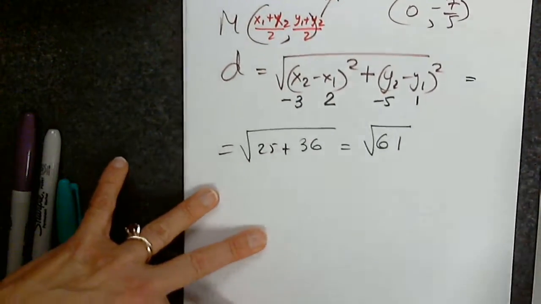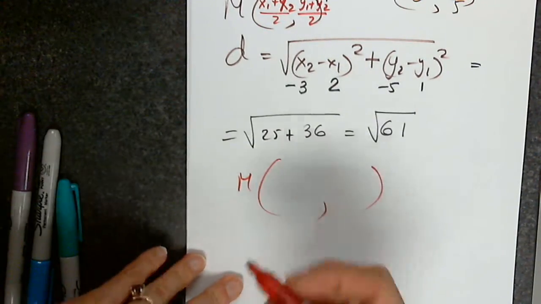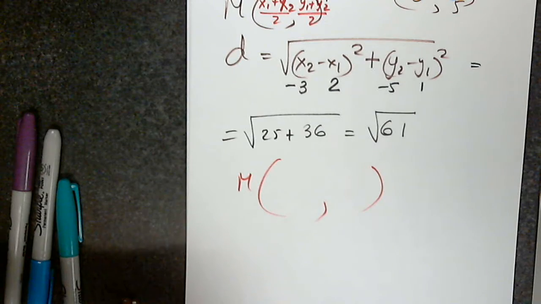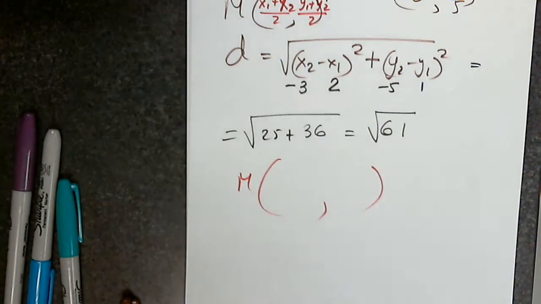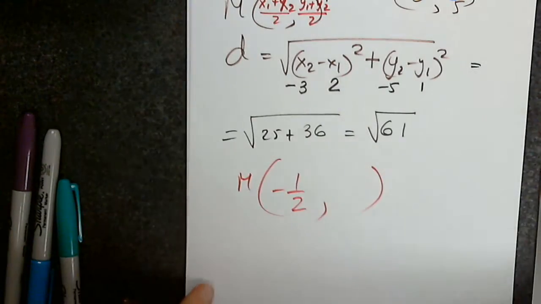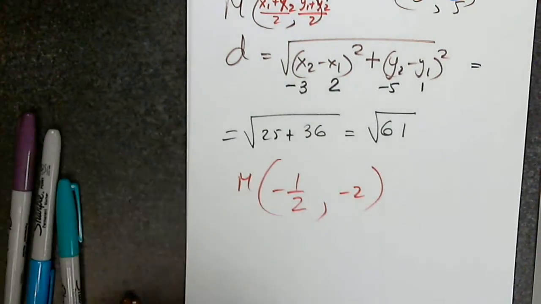So looking at the points, okay, add up the x values, please. When we add them up, what do we get? Good, so it's -1/2. Please add up the y values. -4 divided by 2. That's it. Awesome.